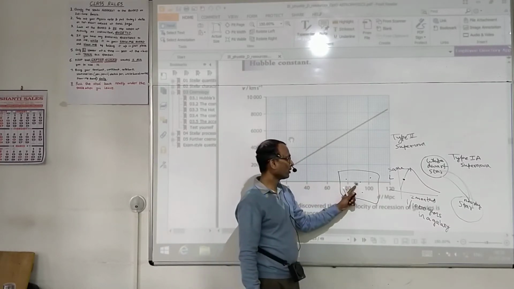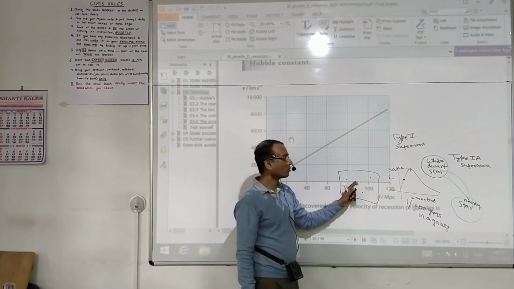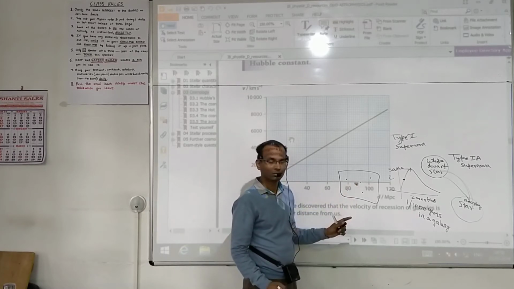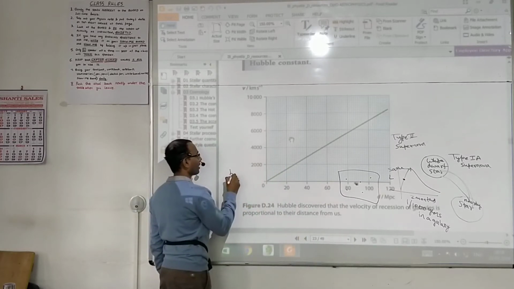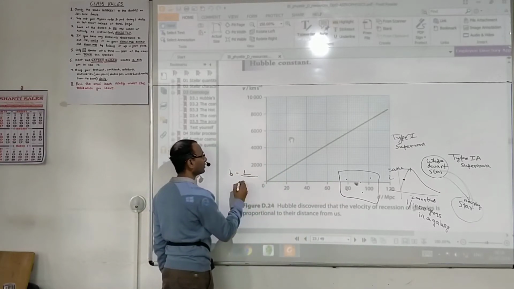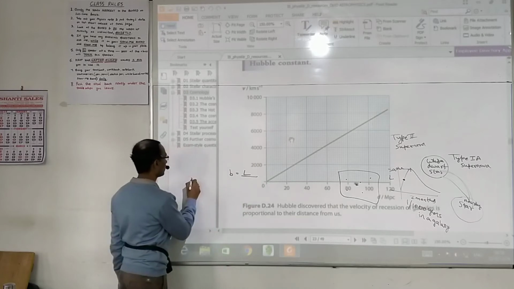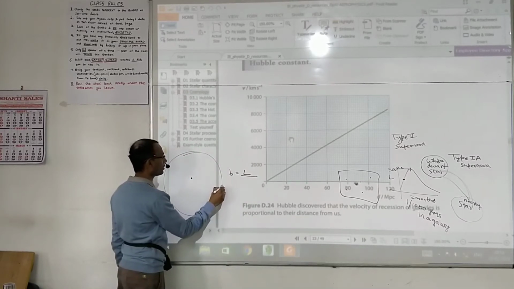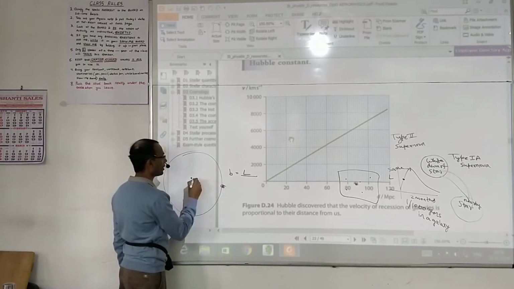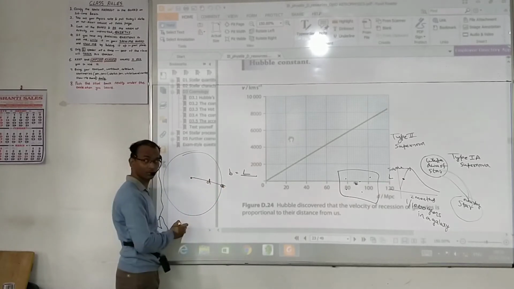And the moment it reaches the peak, you will observe the apparent brightness. Apparent brightness, you remember, right? Apparent brightness is luminosity divided by the surface area. If this is the star, the light from that star has reached the Earth. Earth is at a distance of d.